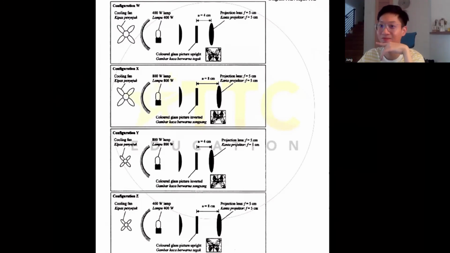We got people vote X. We got people vote Y. We got people vote W. So W, X, and Y only. Z kick out already. Okay, last 10 seconds. 5, 4, 3, 2, 1.